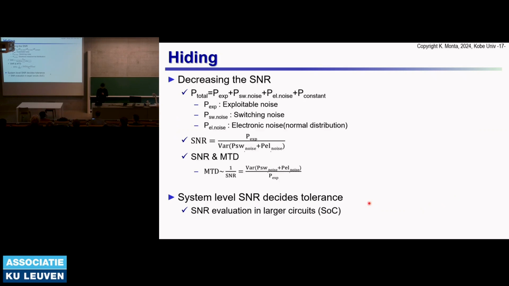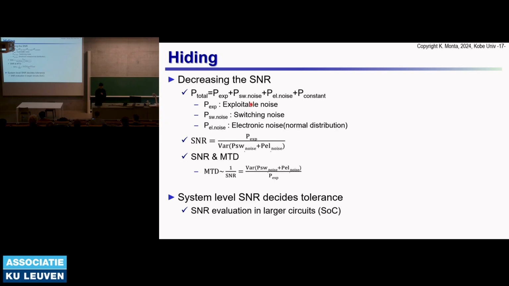I'll skip the detailed explanation of these equations, but the important point is the ratio between the exploitable power consumption and switching noise power consumption. Some hiding methodologies try to increase the switching power noise which cannot be exploited by attackers.